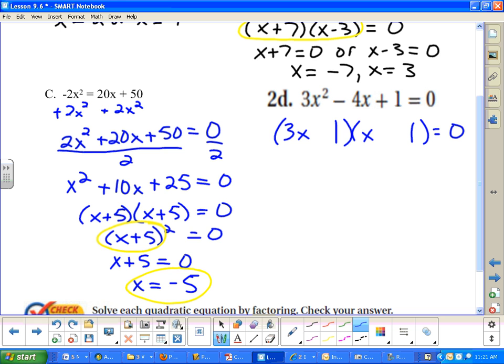And here's a rule, if you remember this correctly from when you factored before, that when this is positive, the signs have to be the same, because a positive times a positive is a positive, and a negative times a negative is a positive. So the two signs between them have to be the same, and those two signs are always the same as that middle one right there, so they're minus.